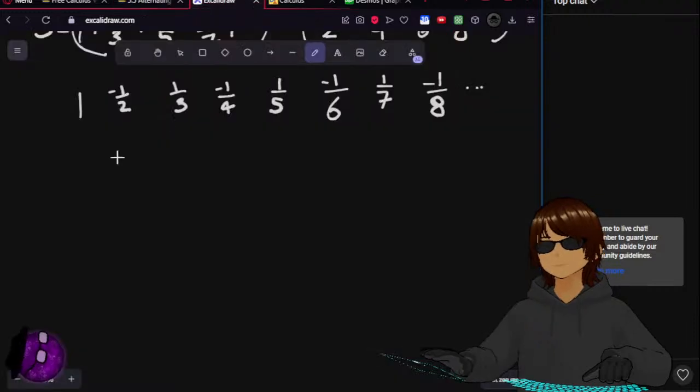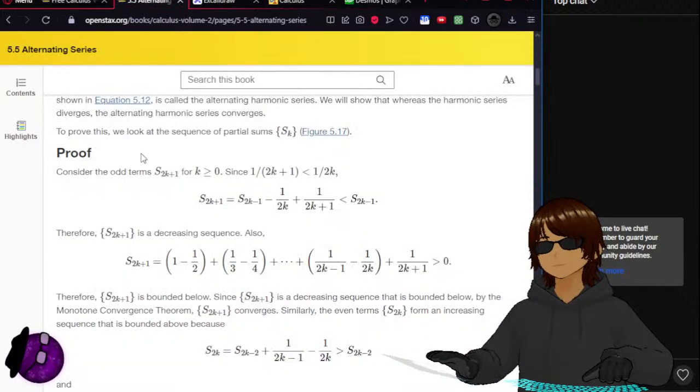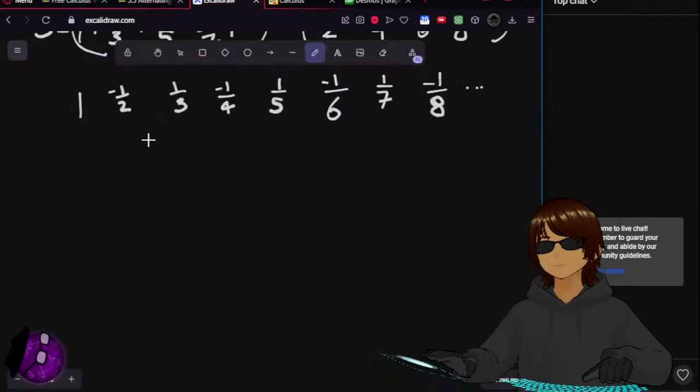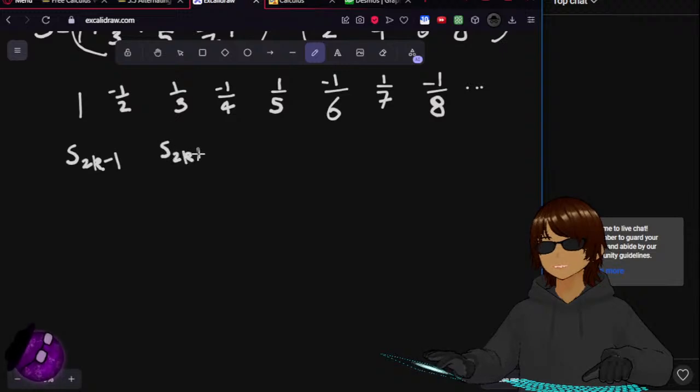No. So S of n is a particular term, not a partial sum. Right, so this is 2k minus 1 and S2k plus 1. This is S of 1, this is S of 3.